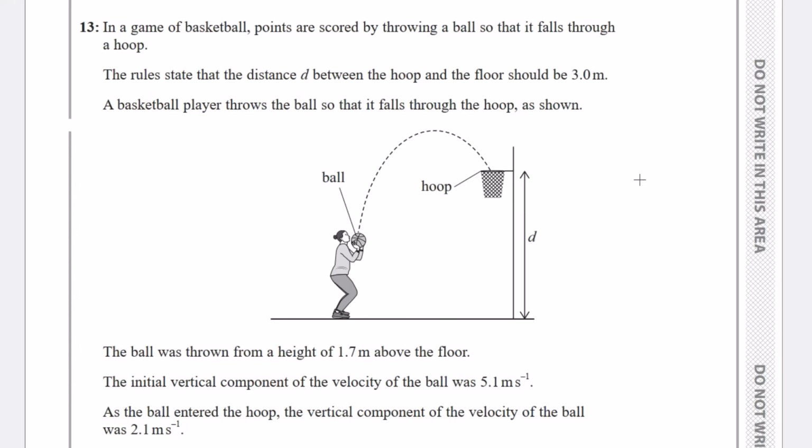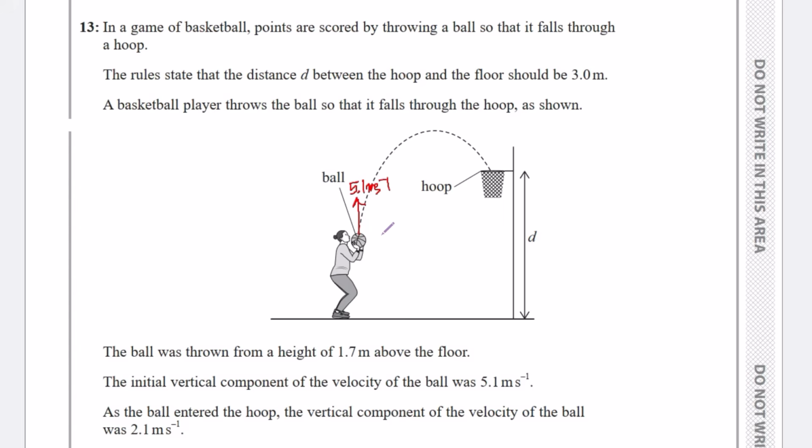So I have a suggestion. The moment you come across questions like these, always mark on the diagram. This will really help you a lot. So the initial vertical component of the velocity is 5.1. So just mark this with an upward arrow, and the value is 5.1 meter per second. Fine.